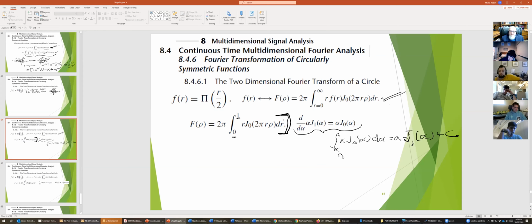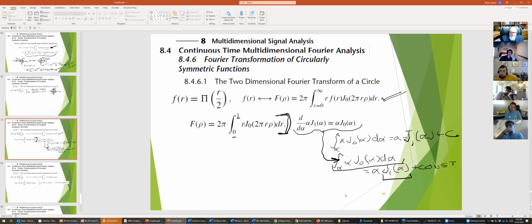Let me try that again. Do you agree that this is just the antiderivative statement of the same result? Here's the takeaway. This integral, which is r J naught of 2 pi r rho, is going to integrate to something which is like a J1.